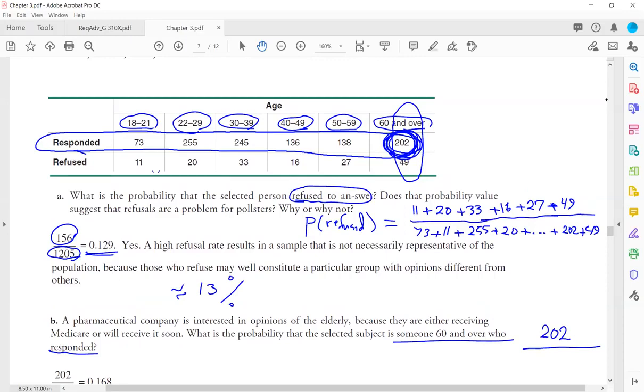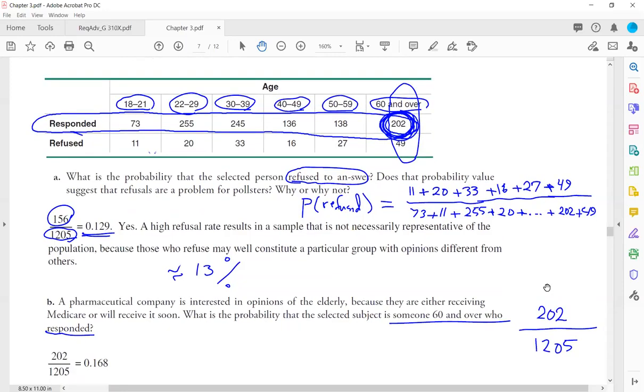All of the people who either responded or refused to respond, which is 1205. If you do the algebra, you get almost 17% from your data. So let us erase this, then move on to next part.